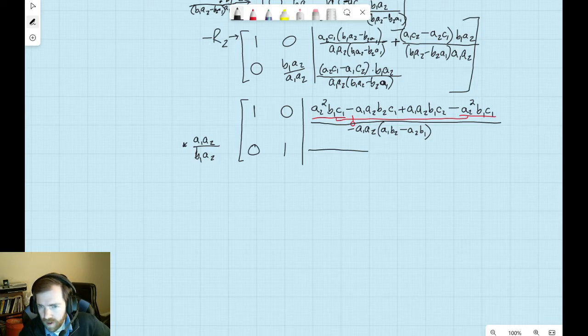Let's see, A1, C2, parentheses, this is going to be negative because, again, signs are getting reversed. So positive A1C2 minus A2C1. And then here we've got the B's. So again, negative parentheses A1B2 minus A2B1.